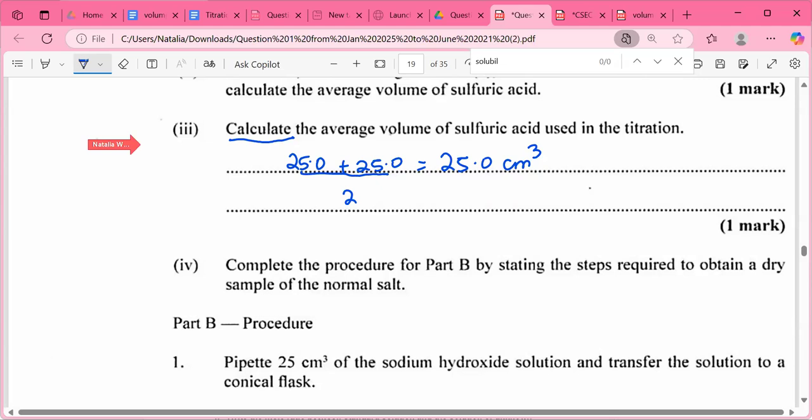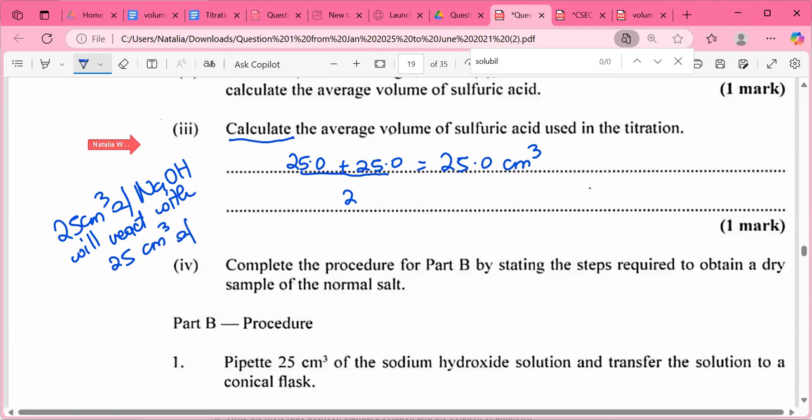So from the titration, the information that the titration gives me is that 25 centimeters cube of NaOH will react with 25 centimeters cube of my H2SO4.